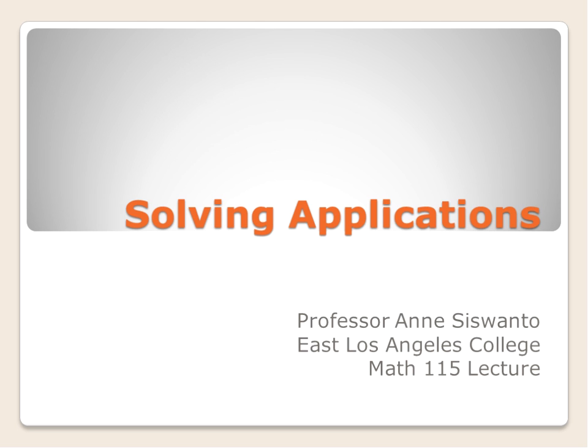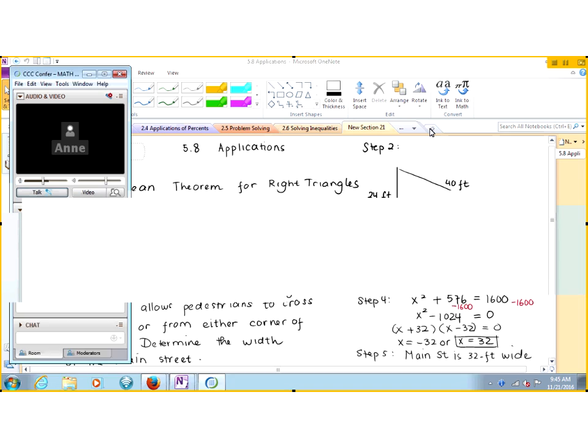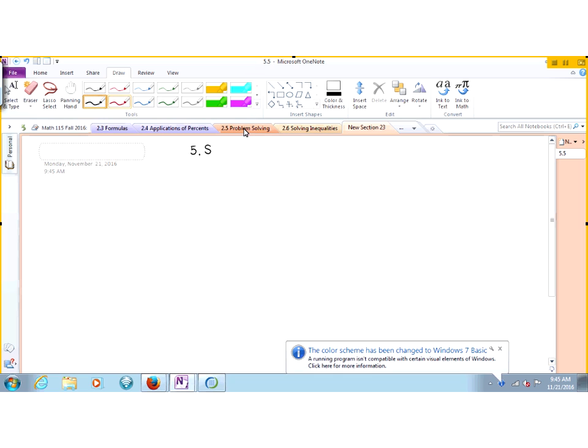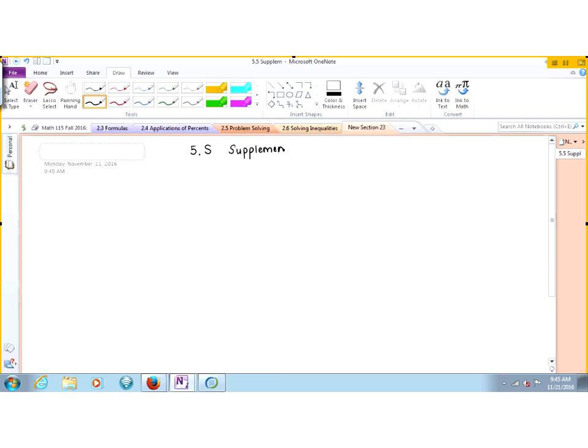Anyway, let's start with 5 supplement, which is the quadratic formula. So let me share the desktop, and let's start a new section. I'm going to label it as 5.s. The 5s is 5 supplement.